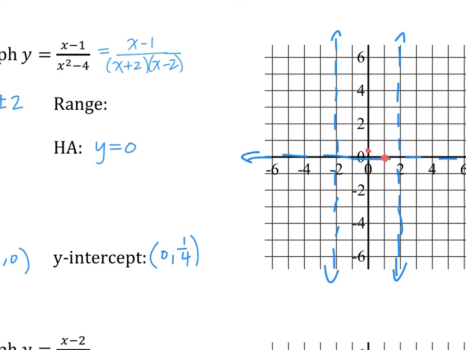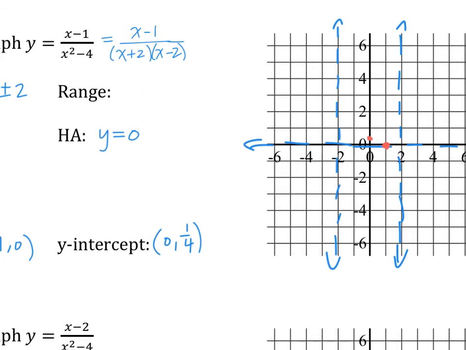Okay, that's not enough to tell me how the graph will look. So what we want to do now is we have no choice but to put in a lot of different numbers to figure out what's going on. I don't know what's going on here at all. I don't know if the graph is gonna look like this or like this.